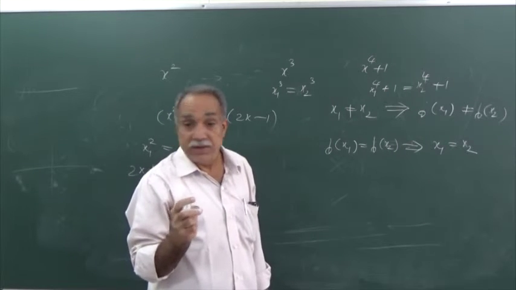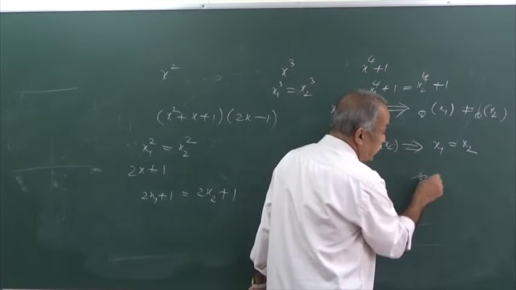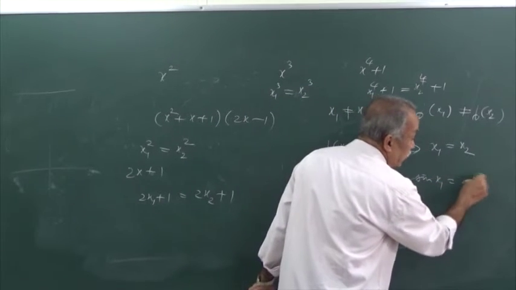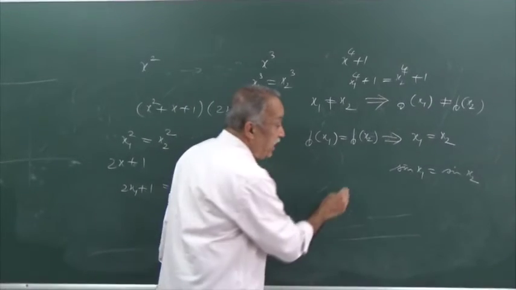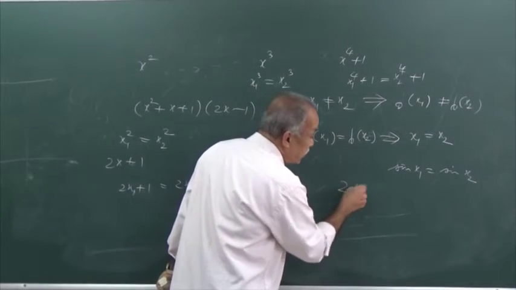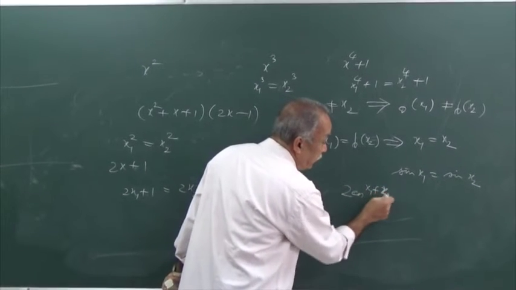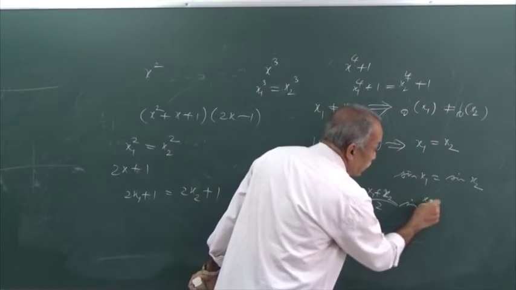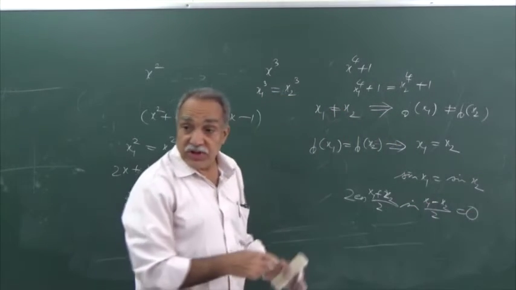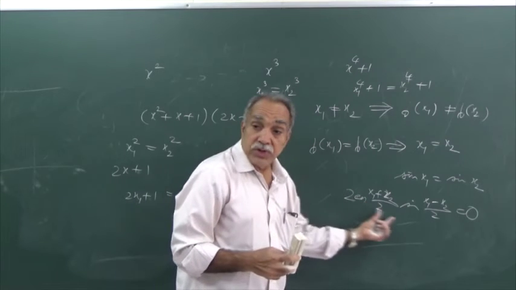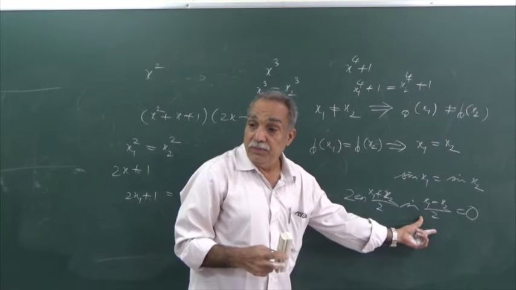Is the procedure clear? sin x1 equal to sin x2 means sin x1 minus sin x2 equals 0, means 2 cos of (x1 plus x2) by 2 into sin of (x1 minus x2) by 2 equals 0. This means either this equals 0 or this equals 0.